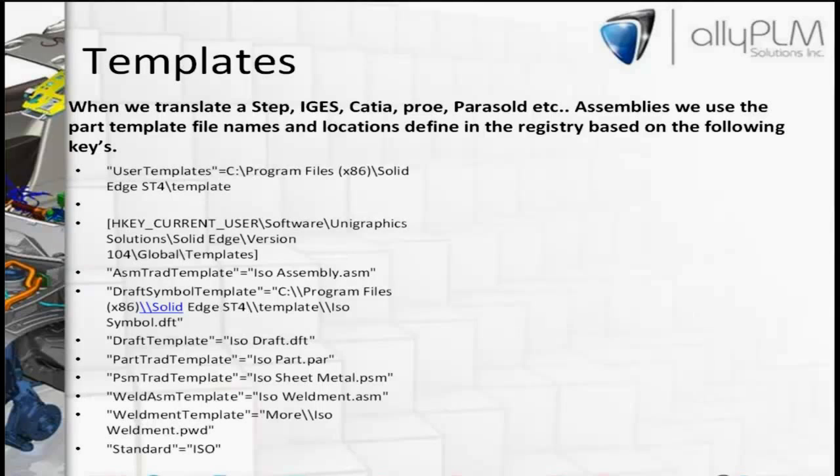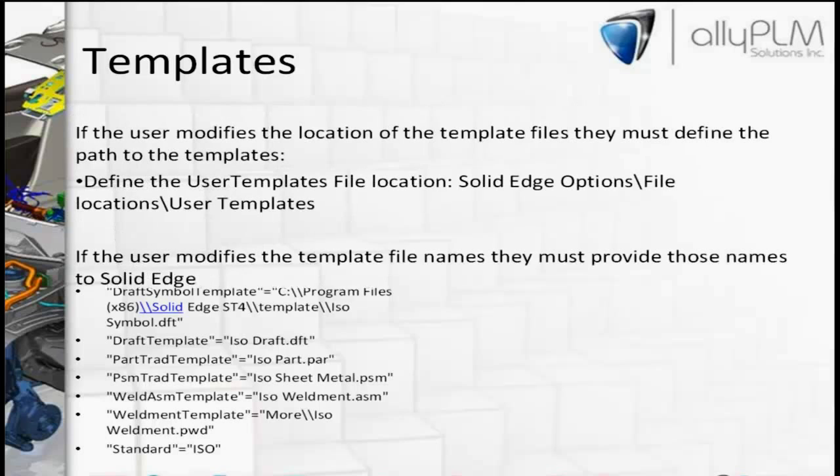Another thing to keep in mind is the templates. If you do any custom stuff with your templates and you change the location of the template and it can't find it, it won't be able to import. In the registry, there's an area where you have all the templates stored and it tells you what it's pointing to.